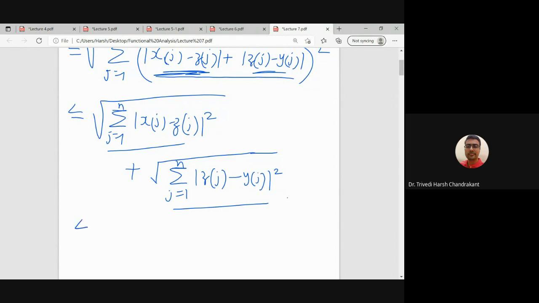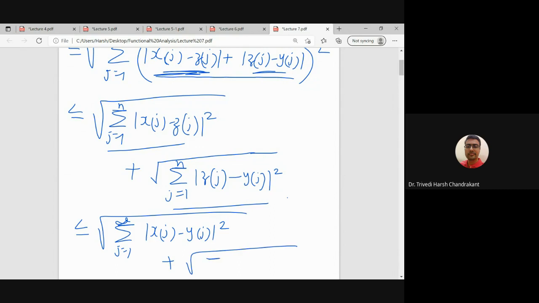So that means this is less than or equal to the square root of plus the square root of, so every time I'm writing y, but this is z.